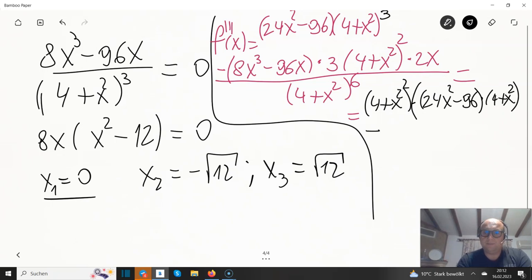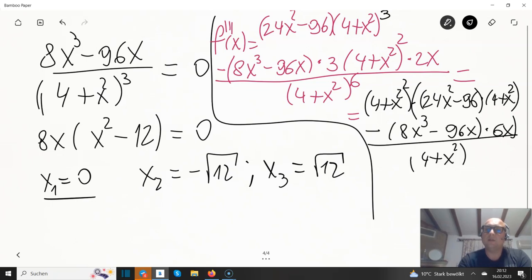Minus 8x cubed minus 96x times 6x, parenthesis closed here, yes, divided over 4 plus x squared. I'll take it squared and then 4 plus x squared to the power of 4. Canceling, canceling. Life is getting easier. Let's keep it going here.